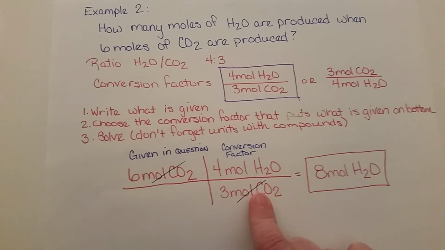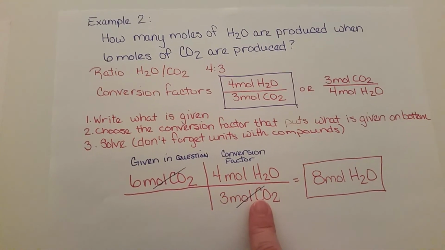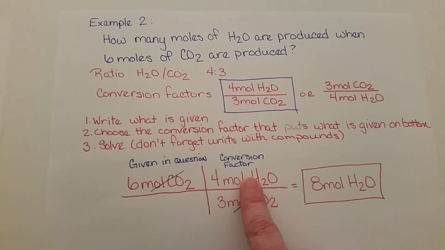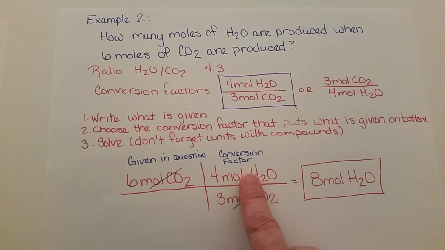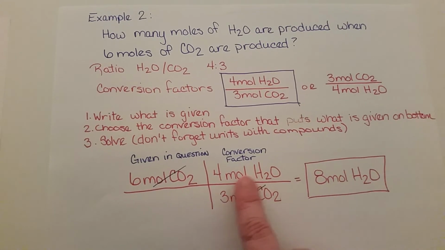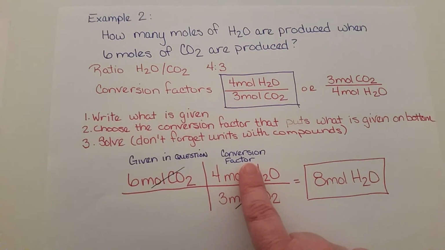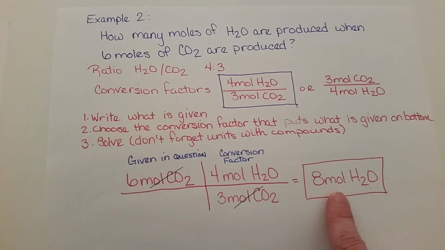Once I have that set up, all I have to do is solve. My moles of CO2 cancel out. I'm left with moles of water, and that's what the question asked you for. It says how many moles of H2O. In this case, it'd be 6 times 4. Remember to hit the equal key and then divide by 3, and that gives you 8 moles of H2O.